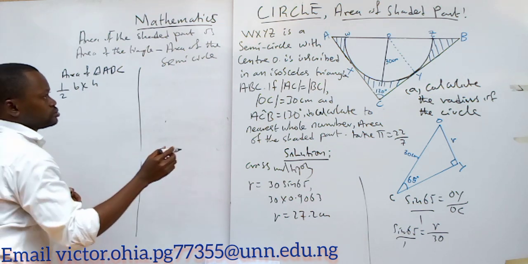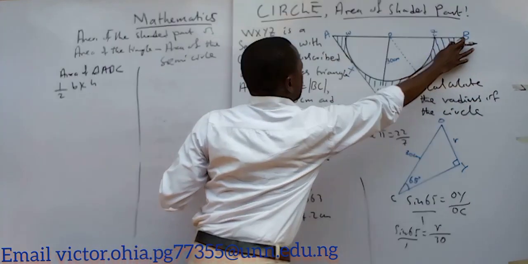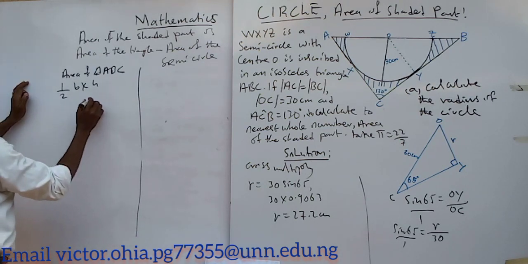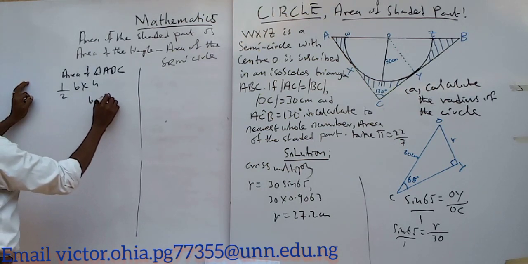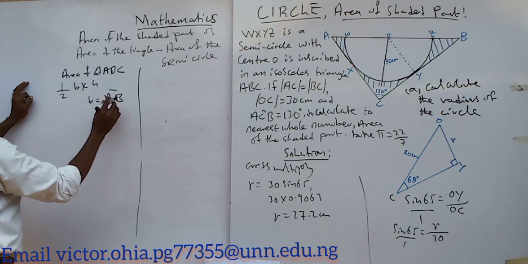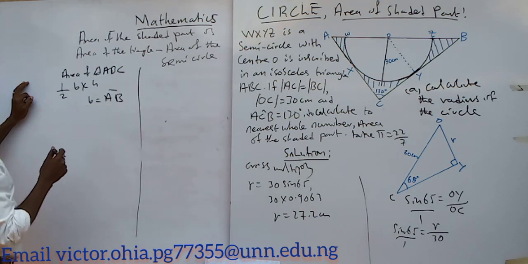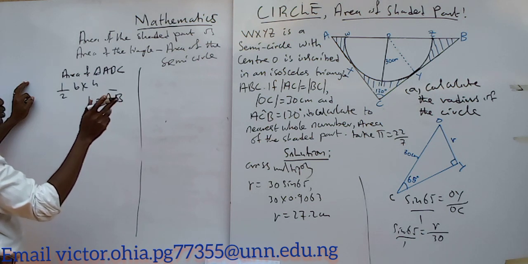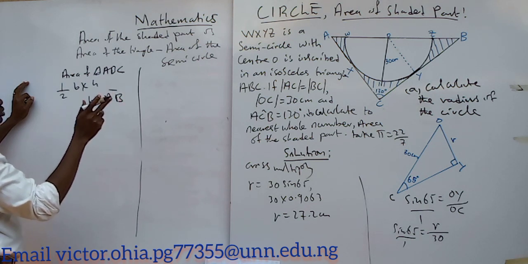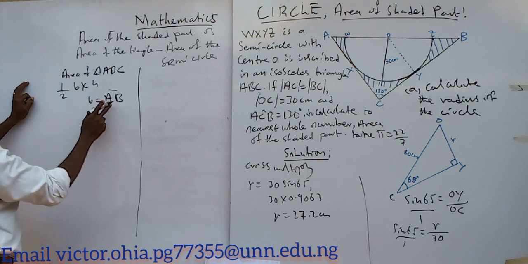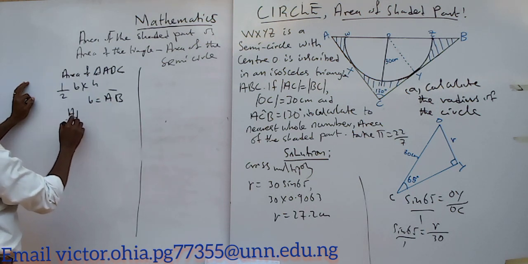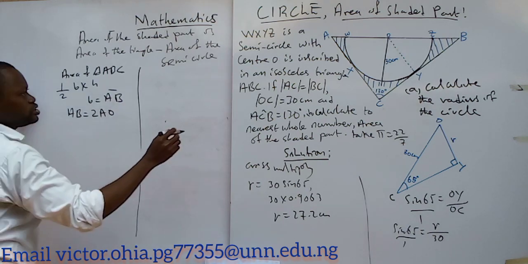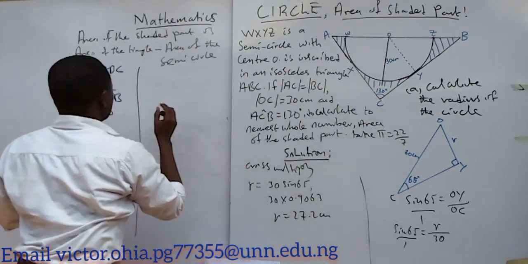But you check out that this base AB is not known, but we can do something, because this AB is equal to 2 times AO. Can you see that here? AO, 2 times that.